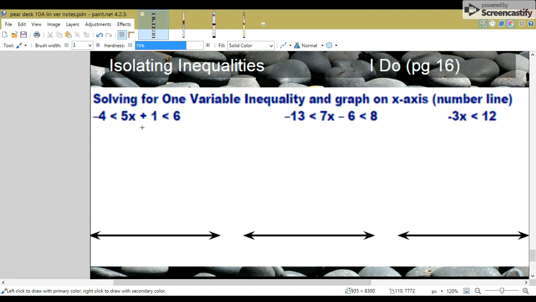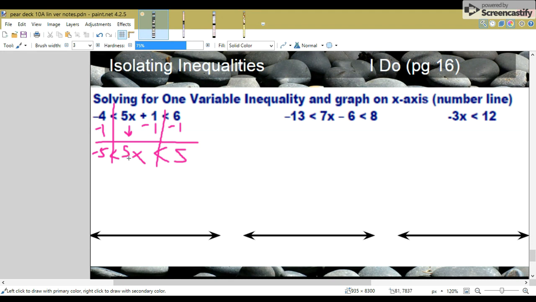So to get rid of that, we first want to subtract that 1. Negative 4 and negative 1 is a negative 5. Bring down your less than symbol. Carry down your 5x. 1 minus 1 is 0, so we don't need to write that again. 6 minus 1 is 5. To get x by itself, we have 5 times x.